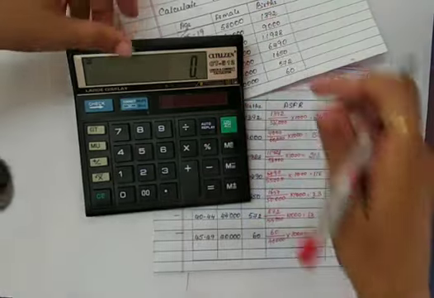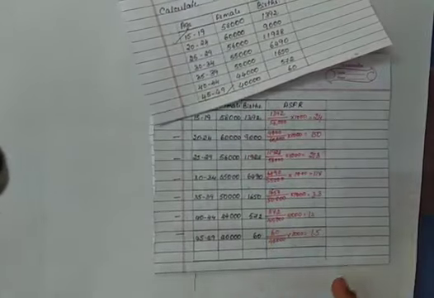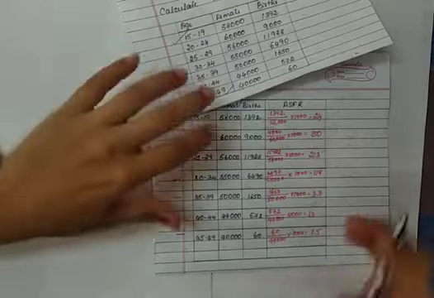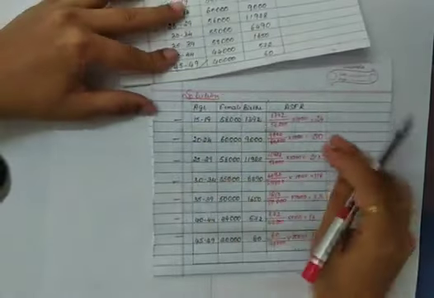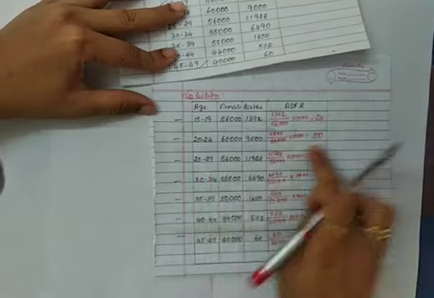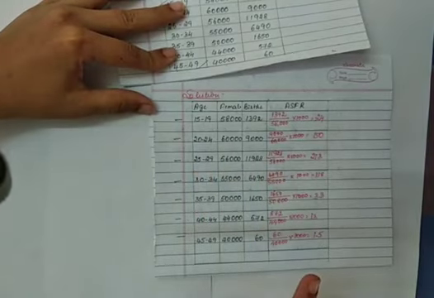That's it. So we are done with the solution. This is how ASFR is calculated. Age specific is mentioned, no? So for every specific age group we are calculating separately.